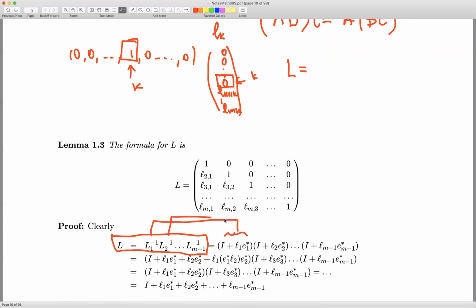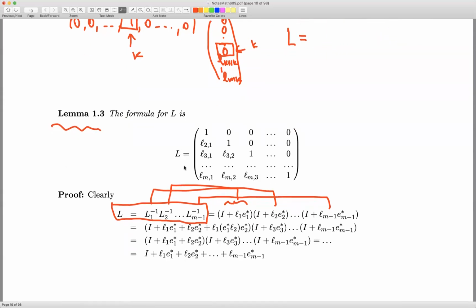Then the inverse of L_2 will be this matrix, and so on, and the inverse of L_{m-1} will be this matrix. And what we need to show is the structure of the resulting matrix. And the next lemma tells us that the structure of the resulting matrix is this. The matrix L is a lower triangular matrix. Everywhere on the main diagonal we have ones.